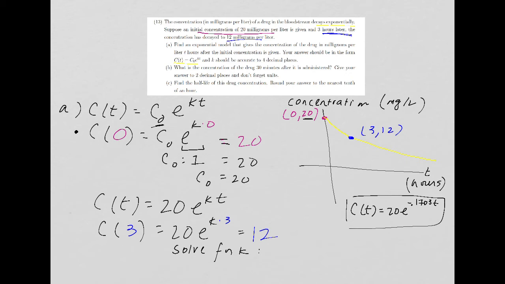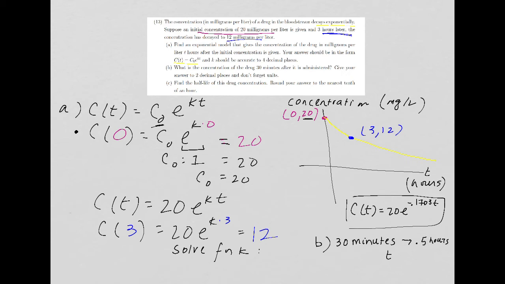Now, what's nice about this is now that we have this model, we will be able to answer a number of other questions. I'll do the work on some subsequent slides, but let's just talk a little bit about what B and C are asking. So part B is asking, what is the concentration of the drug 30 minutes after it's administered? So they gave me T in hours, so I want to say that 30 minutes is 0.5 hours.